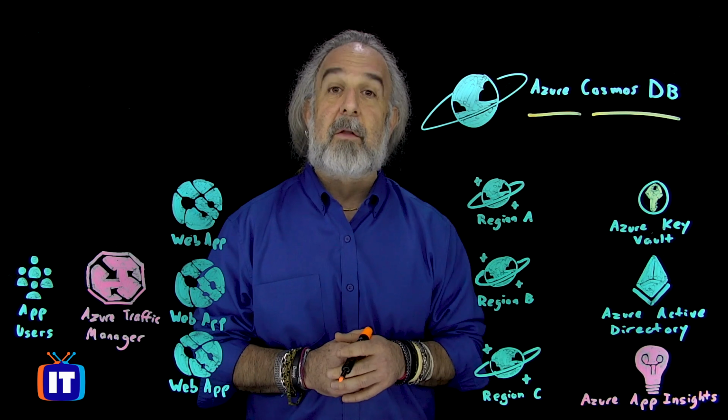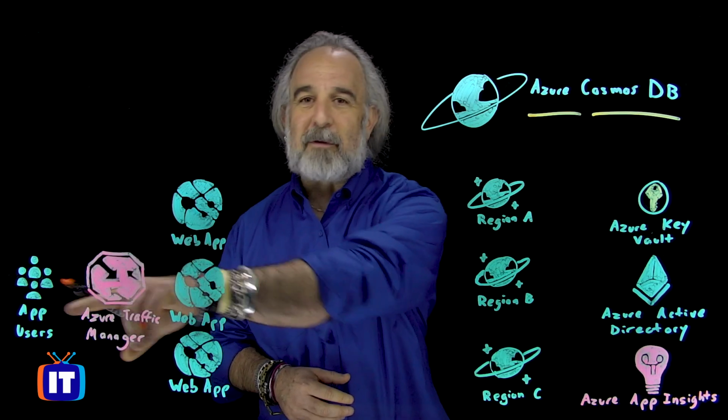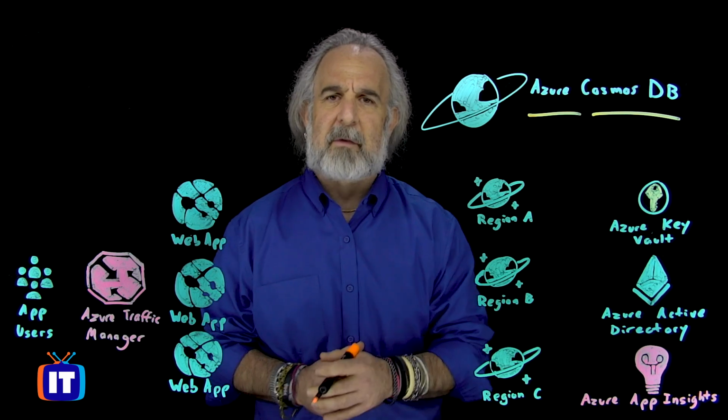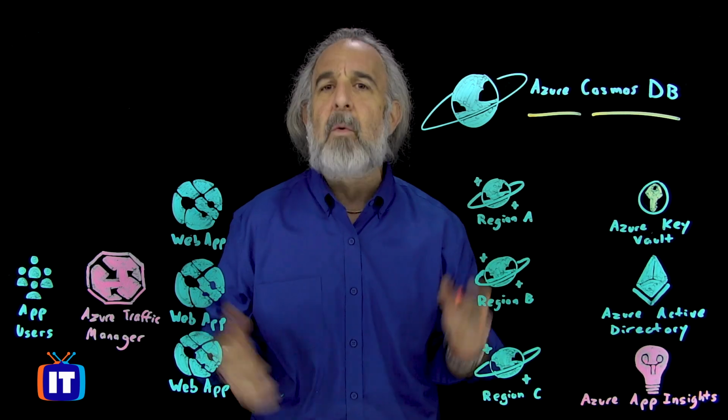Microsoft takes away all the complexity from us and allows us as customers, the users of the database, to quickly connect to one or more elements that use it and then see those elements at scale anywhere in the world.